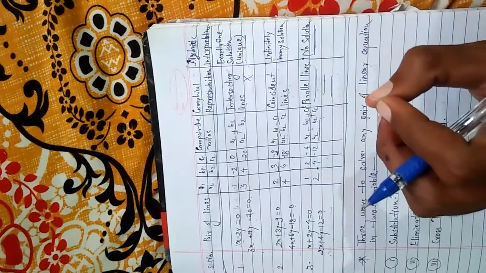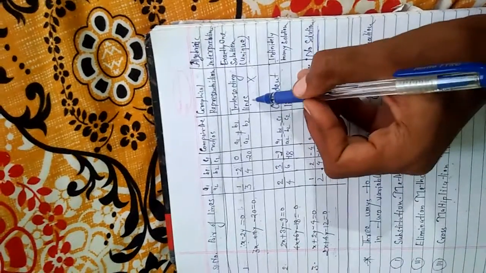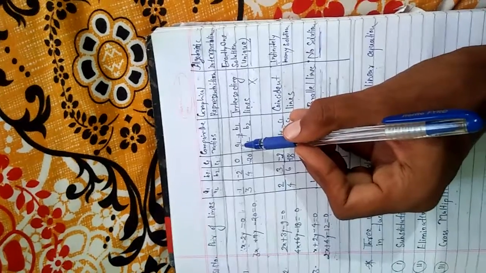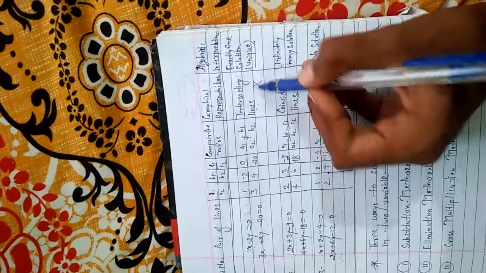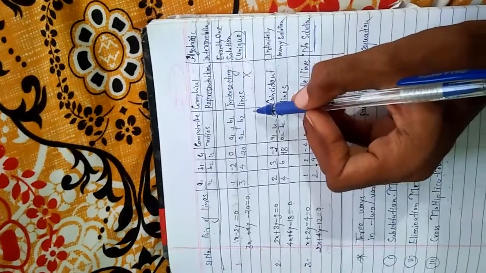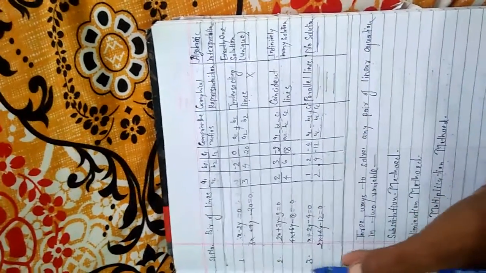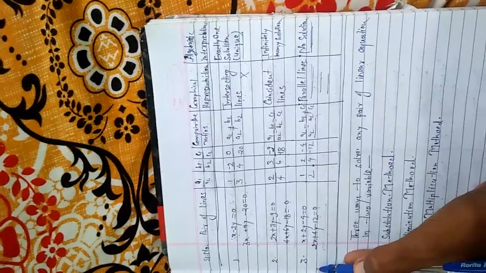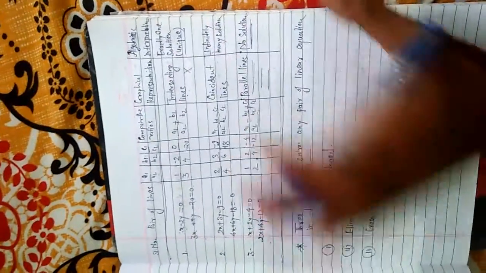So we have to go for further solution when you get intersecting lines, that means when the ratio a1 by a2 is not equal to b1 by b2, then you have to go for further solution, otherwise you will not go for further solution, especially for these two conditions. Okay, so this is the condition.